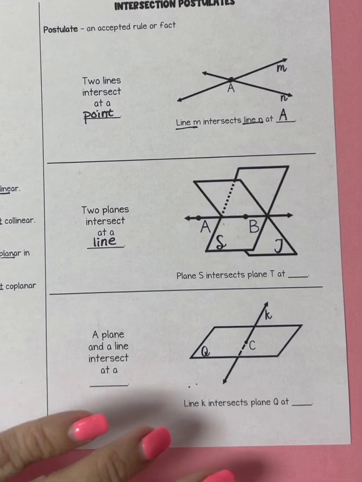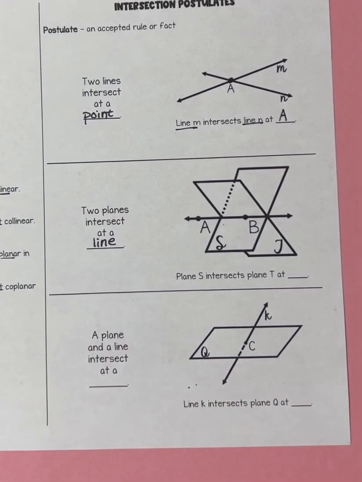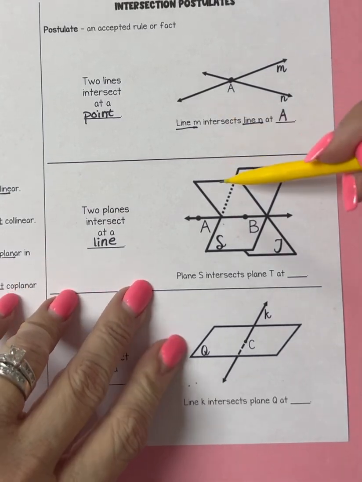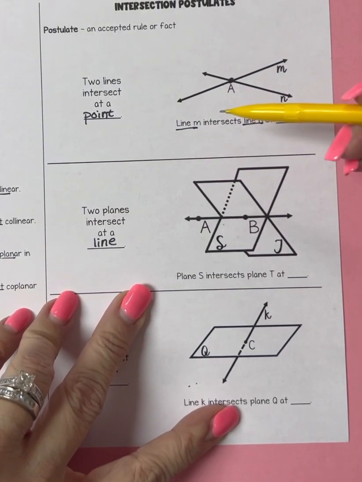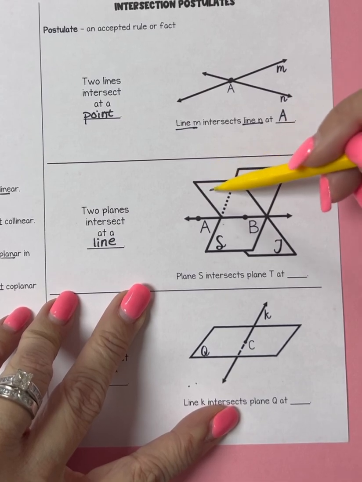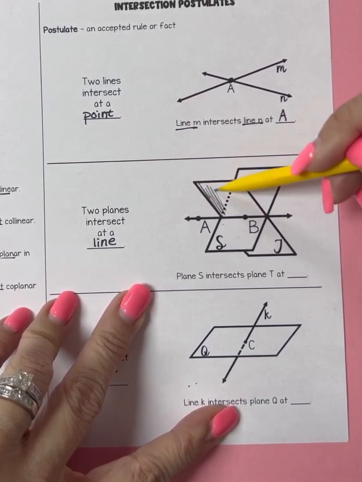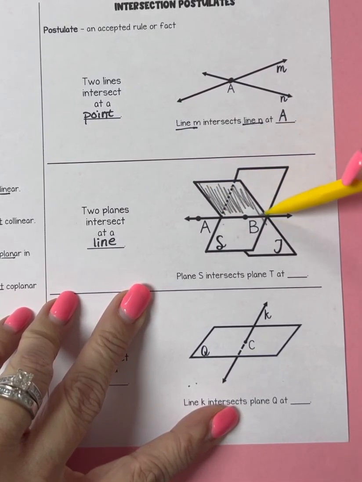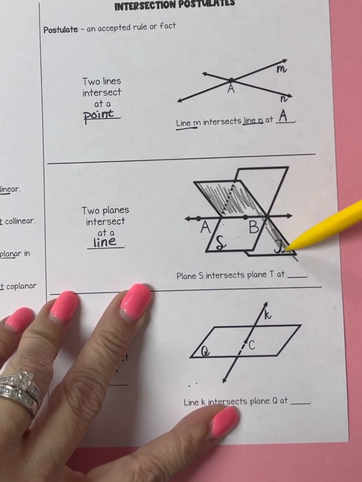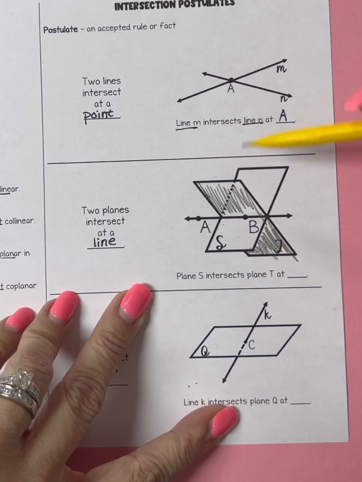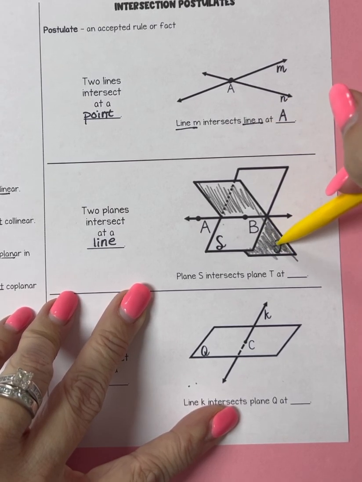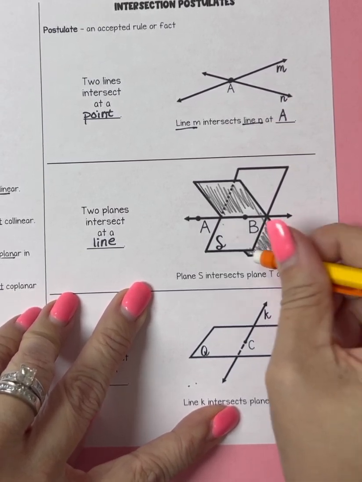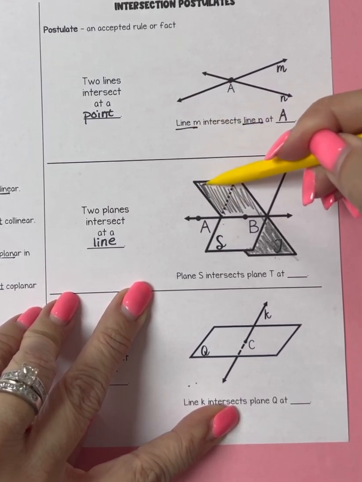All right, and so let's see if I can shade these planes so you can see them a little better. Let's see, I have this dark plane here, which actually goes all the way through to this other side here. Okay, that's going to be called plane J. You don't have to shade these in if you don't want to.